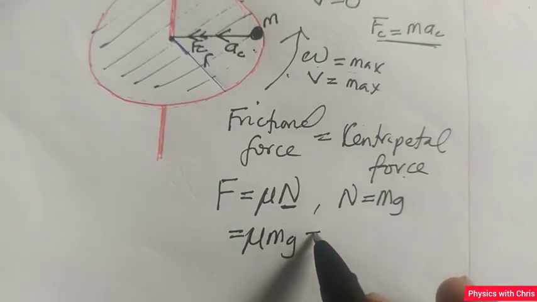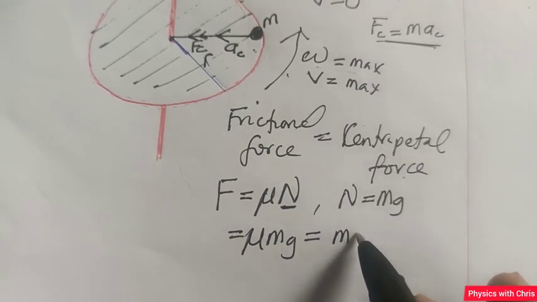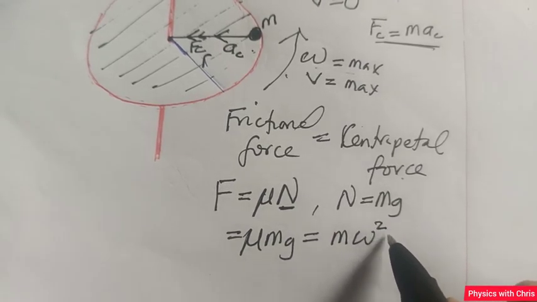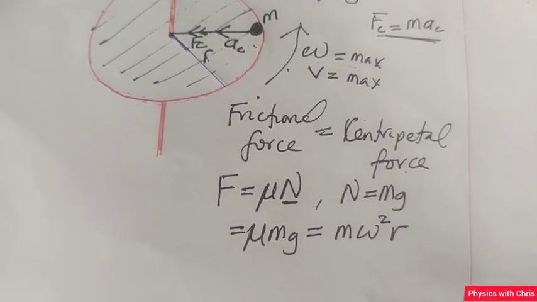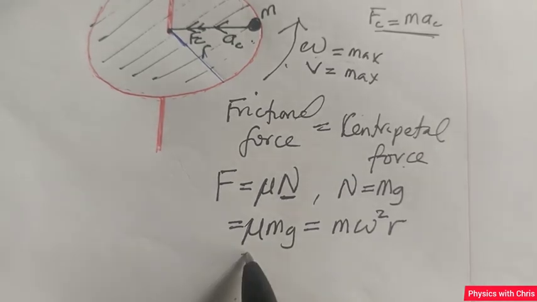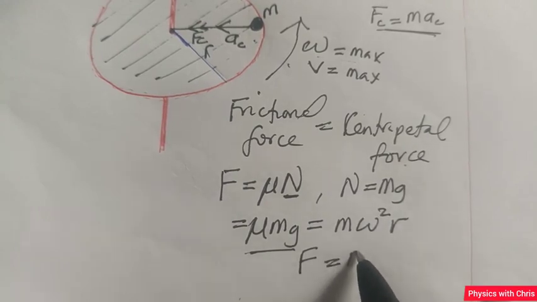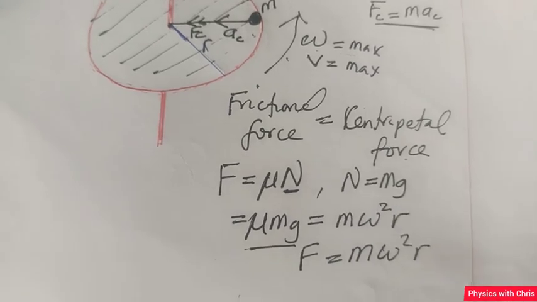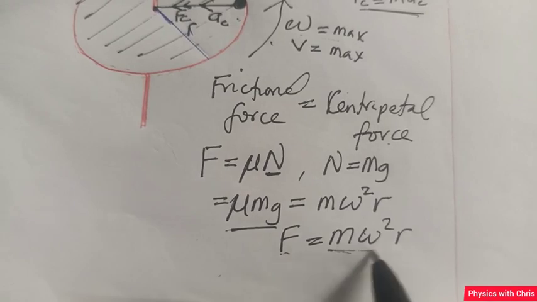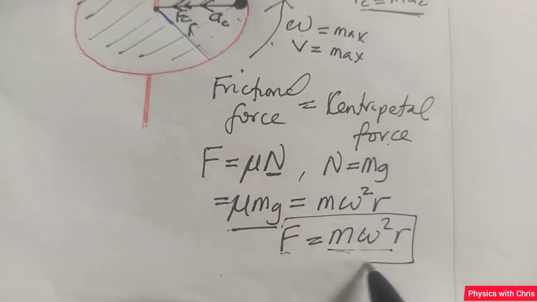I'm going to equate that to my centripetal force, that is m omega squared multiplied by the radius of the turntable. But if they ask for the frictional force, since we don't have all this, I can say my frictional force F is equal to the mass multiplied by this, because the frictional force equals the centripetal force. So this is the expression for the frictional force.